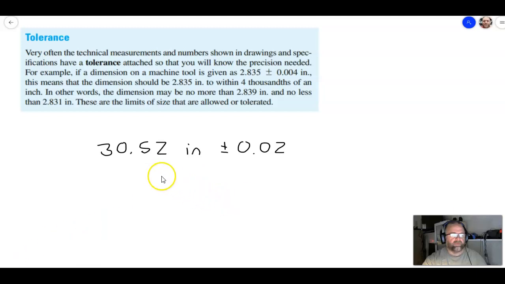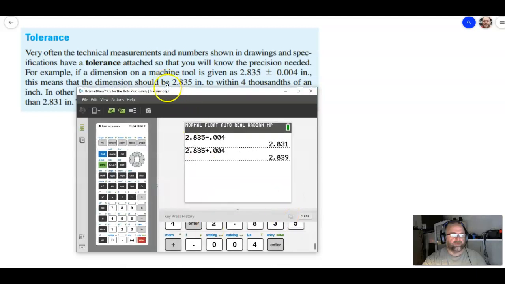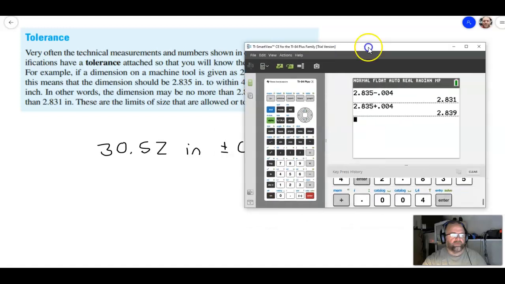All right, well, the precision is the rightmost significant digit of this right here, which would be the 2. So that would be precise to the hundredths place. And then to find the two values, I'm just going to take this 30.52, and that's 0.02.